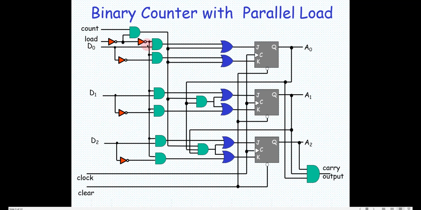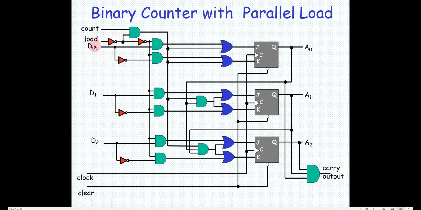Now if you see what is going into this OR gate, if the load signal is 0, these AND gates get enabled. All these AND gates will get enabled. Now you have D0 coming here. So I have D0 through this AND gate going to J, and D0 bar going to K. That means if D0 is 0, I will give 0 1 here, so this will get reset to 0.